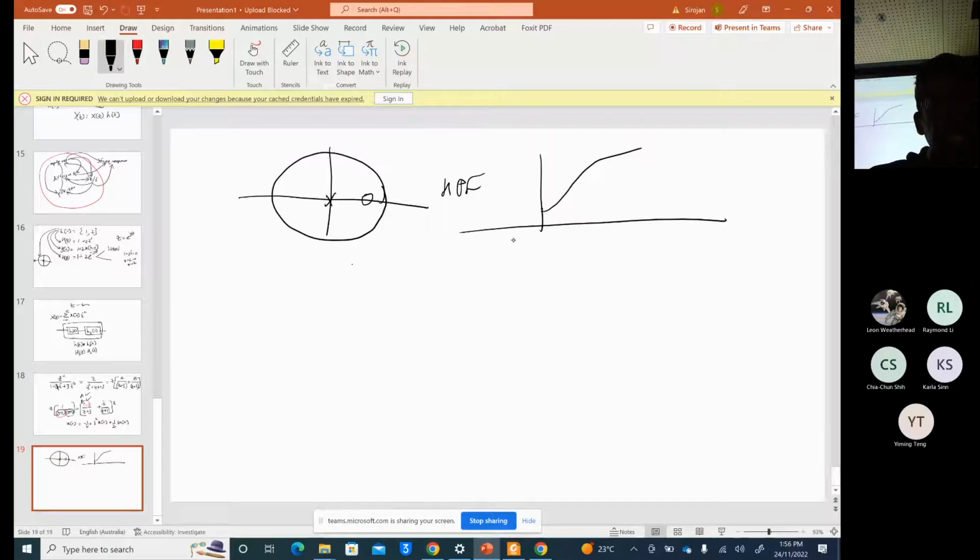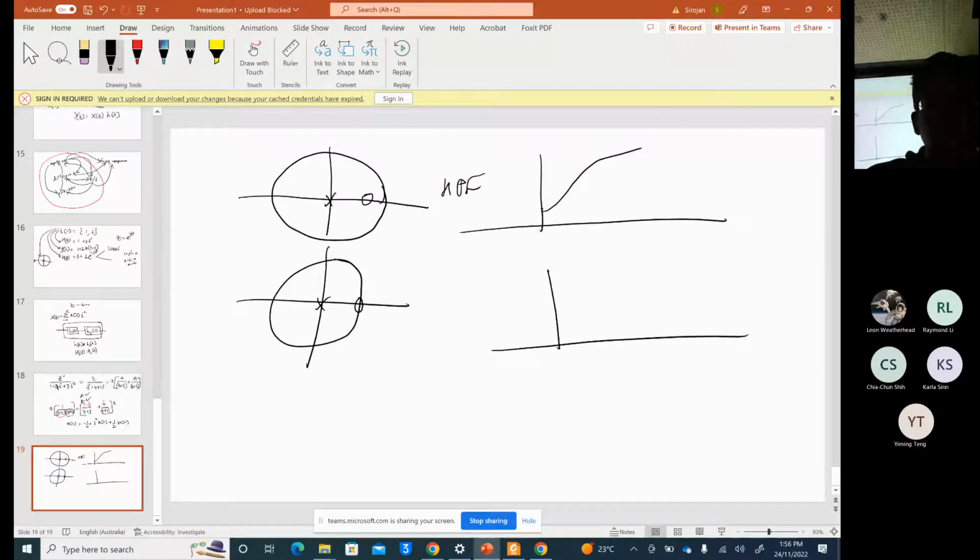And here, if the zero is on the unit circle, then the response has to touch zero. Again, it is a high pass filter. And if the zero is here, what happens?